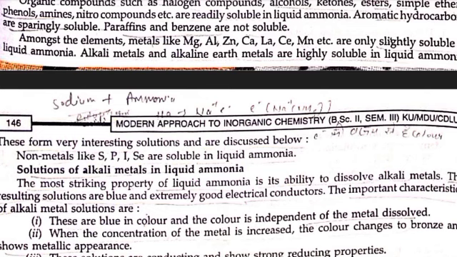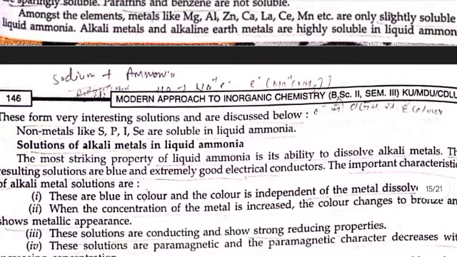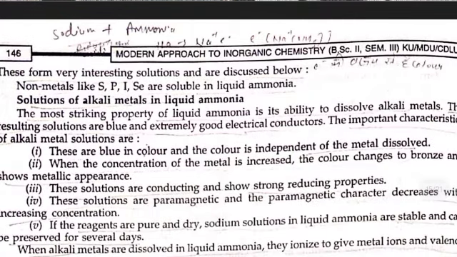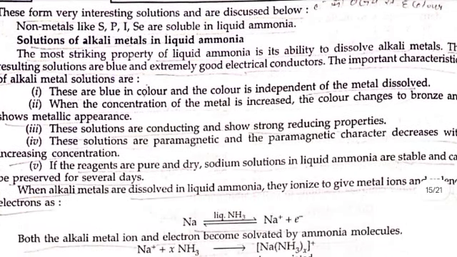Amongst the elements, metals like magnesium, aluminium, zinc, calcium, lanthanum, cerium, manganese, etc., are only slightly soluble in liquid ammonia. Alkali metals and alkaline earth metals are highly soluble in liquid ammonia. These form very interesting solutions and are discussed below. Non-metals like sulfur, phosphorus, iodine, selenium are insoluble in liquid ammonia.